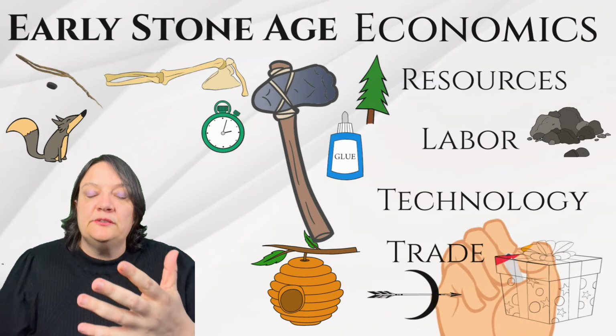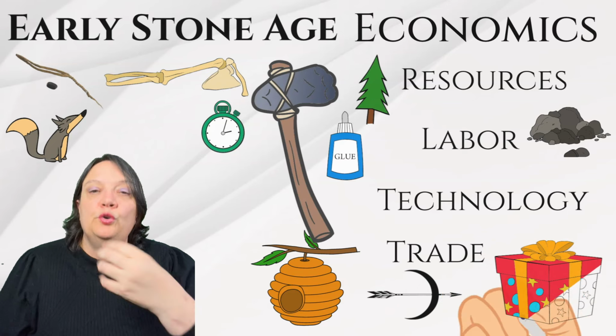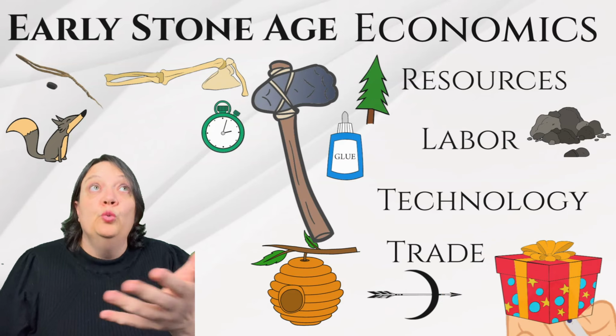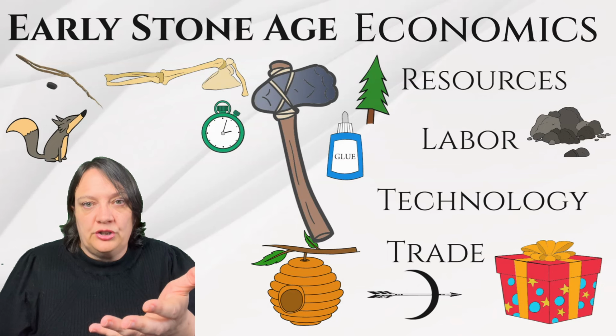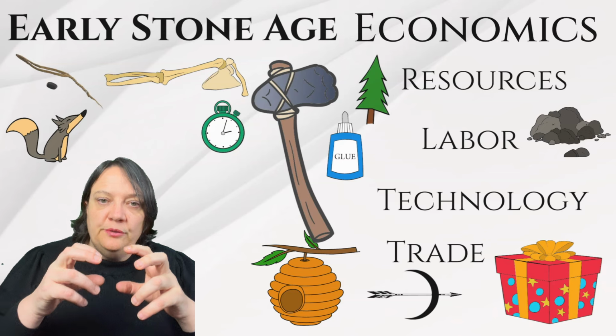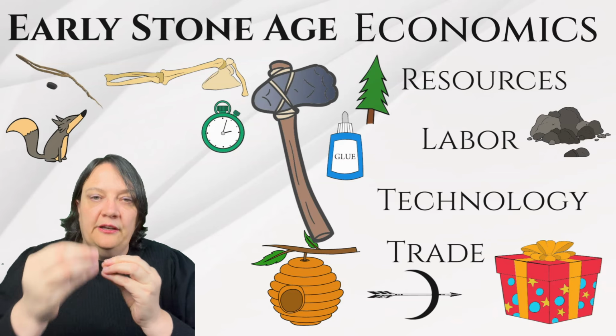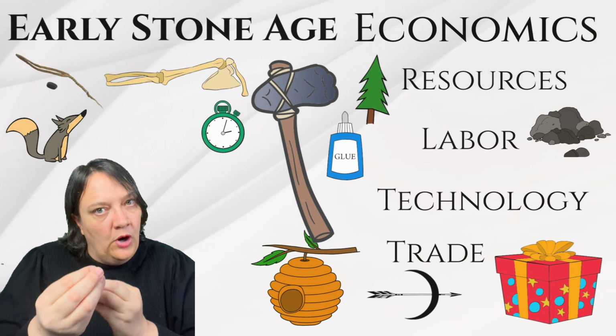There is no expectation of return, but someday in the future, you might give me a gift, or you will give me a gift, because that is the culture. So it's a culture where there is an expectation, but it's not a direct expectation. It's not like, I'm giving you this gift and you're giving me that gift. That would be barter.